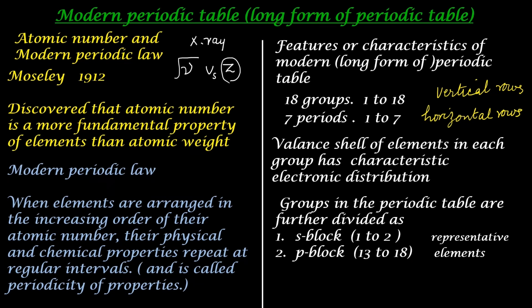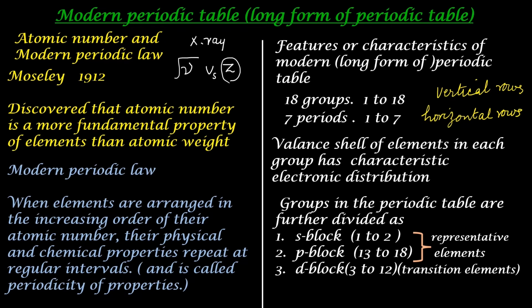In the s block, the last valence electron enters the s subshell, and in the p block, the last valence electron enters the p subshell. Groups 3 to 12 constitute the d block elements and the last electron goes to the d subshell.